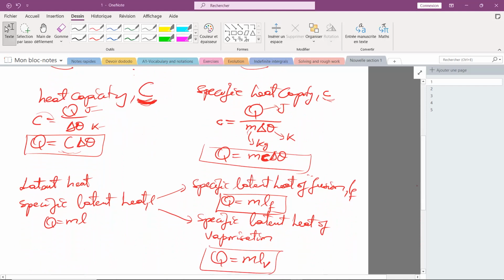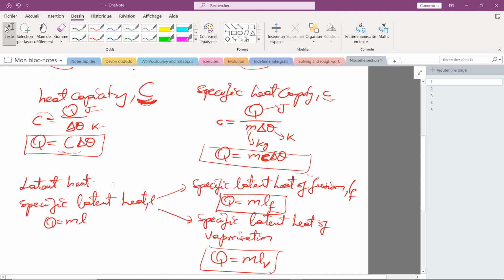Now, that's the first thing I wanted you to remember. The next thing I want you to remember is what is called latent heat. What is latent heat? Latent heat is simply the thermal energy absorbed or released by a substance when it changes state, only state, without a change in temperature.